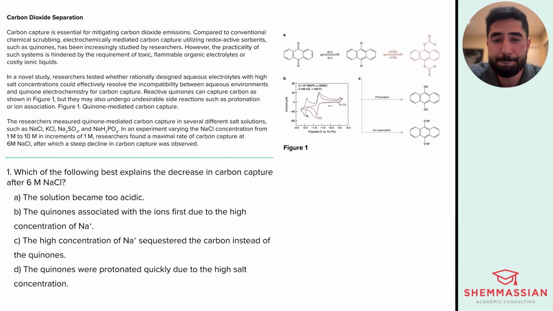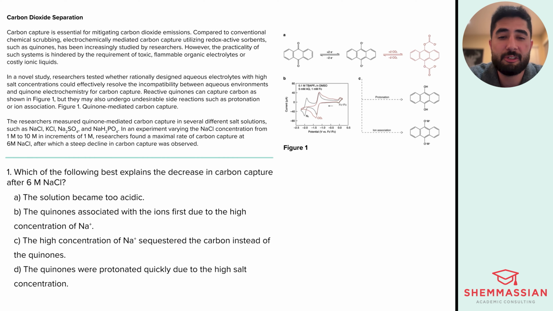We also now want to see the answer options and see which ones might lead you in the right direction. And so answer option A says the solution became too acidic. Answer option B says the quinones associated with the ions first due to the high concentration of sodium. C says the high concentration of sodium sequestered the carbon instead of the quinones. So there's a high concentration of sodium.